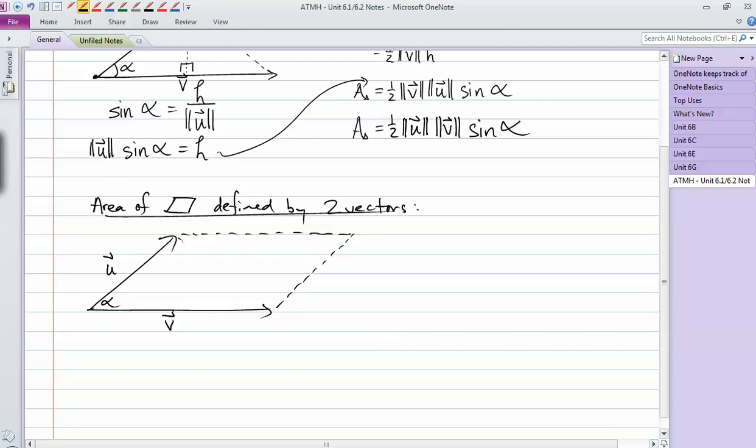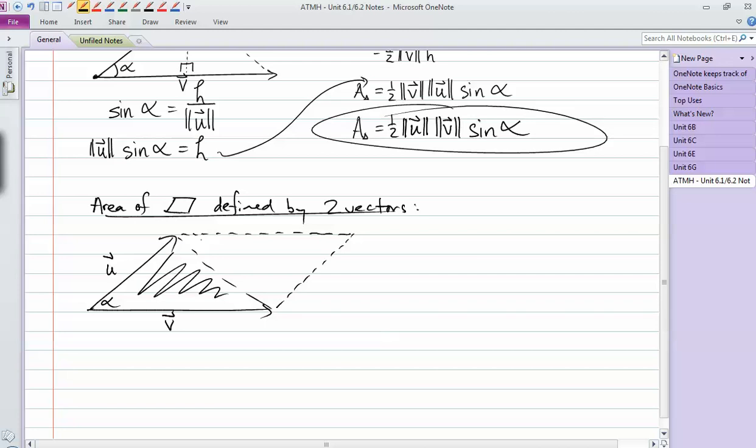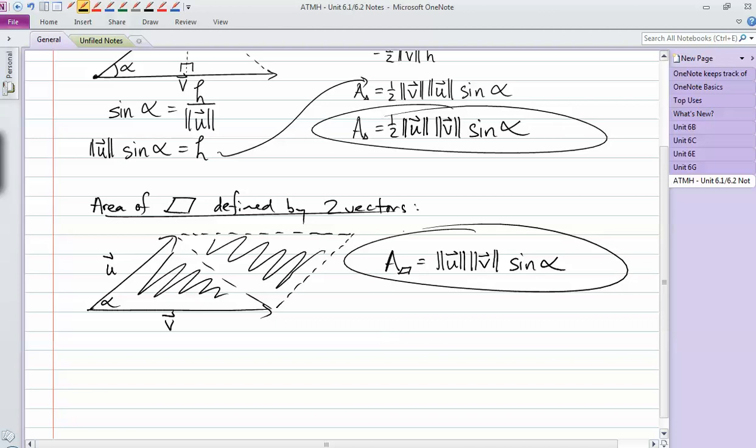And well, you already know that the area of this triangle is 1/2 u v sine alpha from up here. And this is an identical triangle, so the area of the parallelogram is twice the area of the triangle, so the half goes away, and you just have the magnitude of u times the magnitude of v times the sine of the angle between them. Okay, so there's the parallelogram.